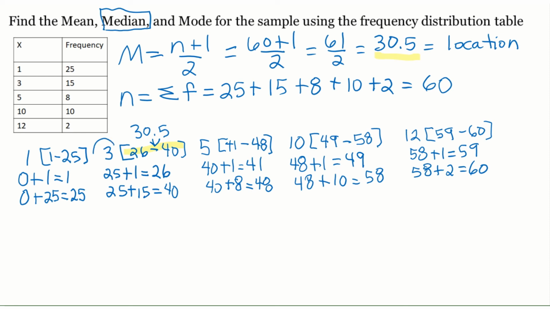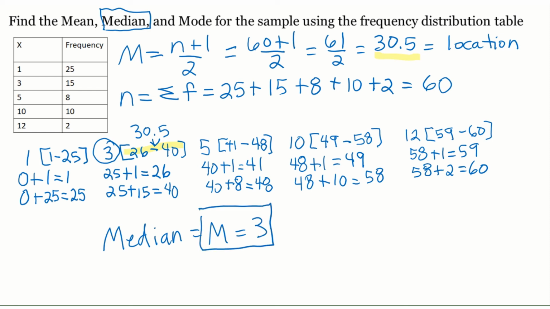So that tells me that 3 is going to be my median. So M is going to equal 3 for this frequency distribution for this particular sample.